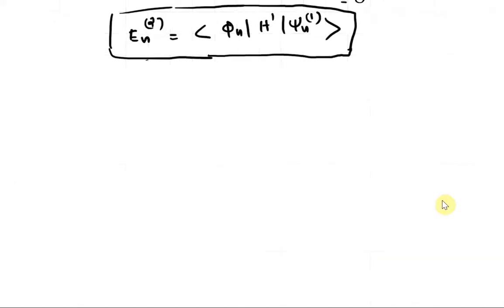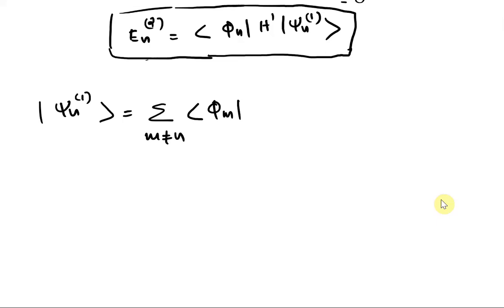So En2, okay, let me substitute the value psi n1 here. Psi n1 is nothing but sigma m not equal to n, phi m h1 phi n divided by En0 minus Em0, into phi m.